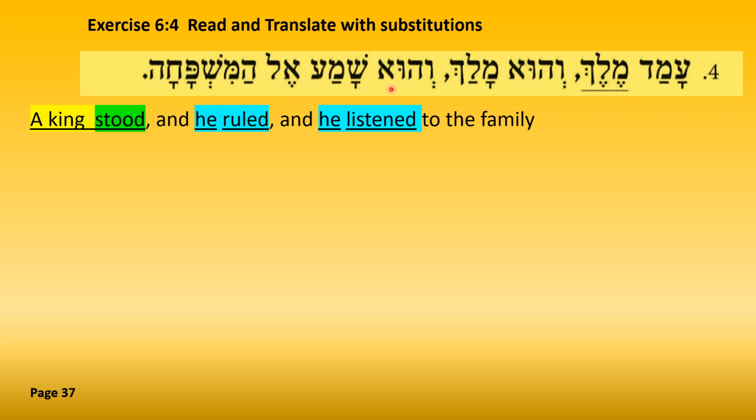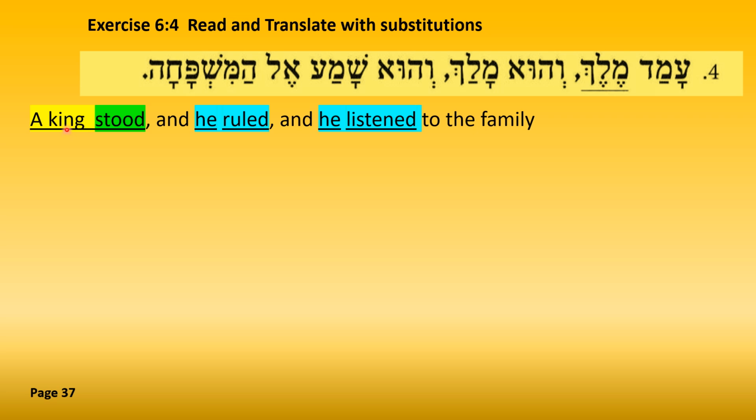So now you've got some different substitutions. Again, you can highlight in different colors, or you can mark it in some way so that you know. But once you've written out the original sentence, then mark what needs to change in some way.